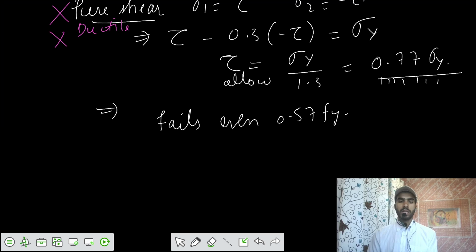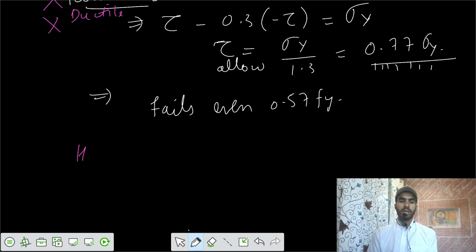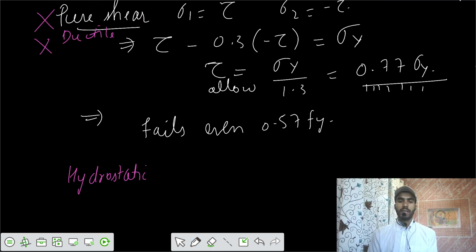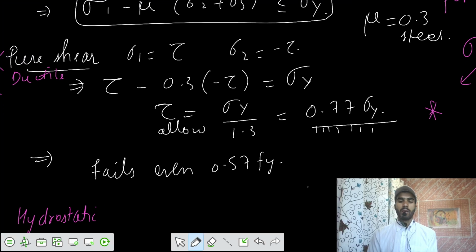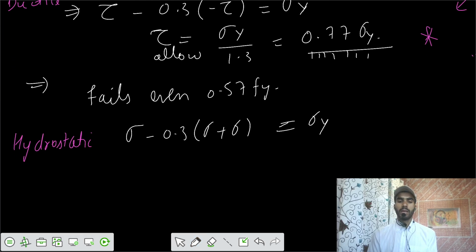Is it suitable for hydrostatic loading? Let's talk about hydrostatic loading. In hydrostatic loading every sigma is the same, so we can write sigma minus 0.3 sigma plus sigma should be less than or equal to sigma y. If you calculate that, you get 0.4, which means sigma equals 2.5 sigma y.